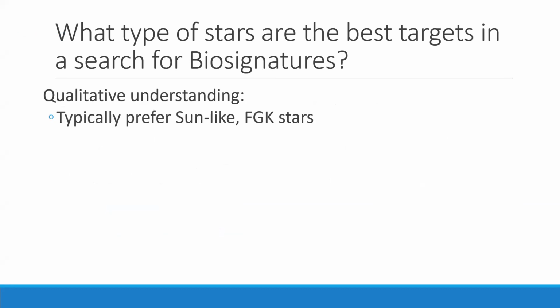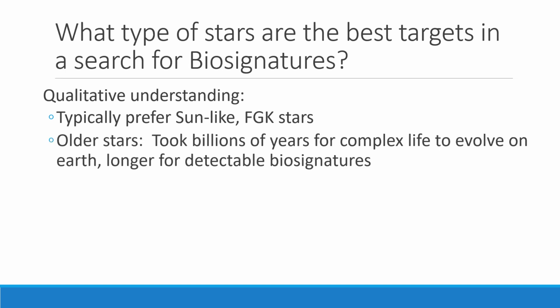So for instance, we typically prefer to look at sun-like FGK stars. We also prefer to look at older stars. This is because it took billions of years for complex life to evolve on Earth, and longer than that for Earth to potentially develop detectable biosignatures. So it makes sense to look around older target stars.